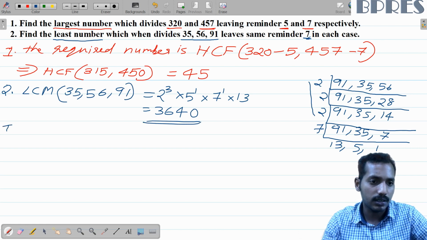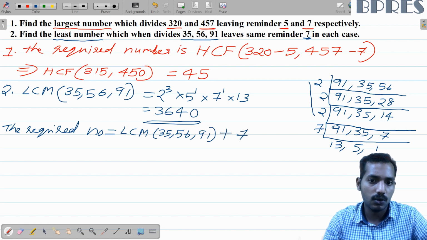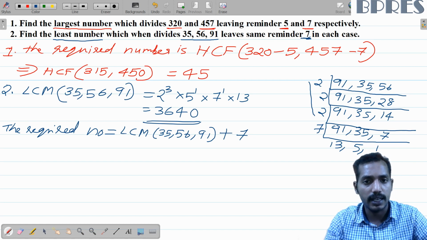Now the required number is equal to the LCM of 35, 56 and 91, plus 7, because in each case it leaves the remainder 7. So we first find the LCM, then add the remainder.